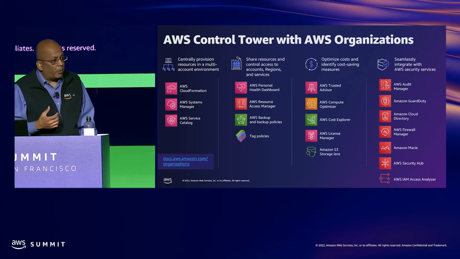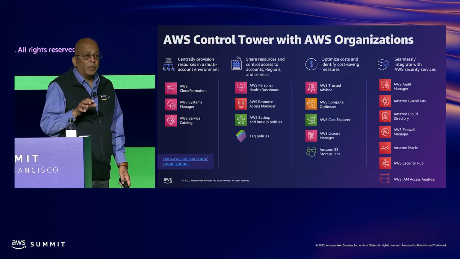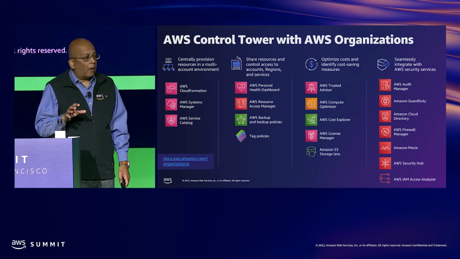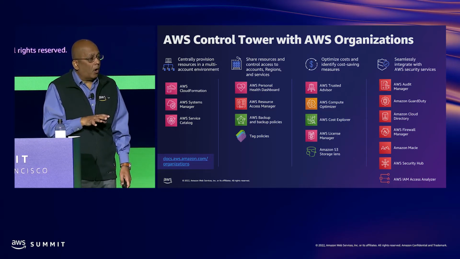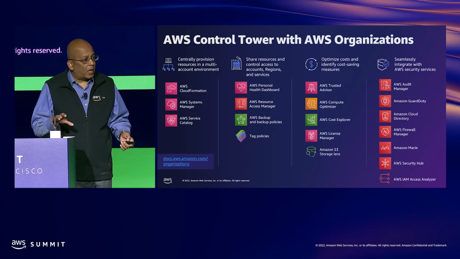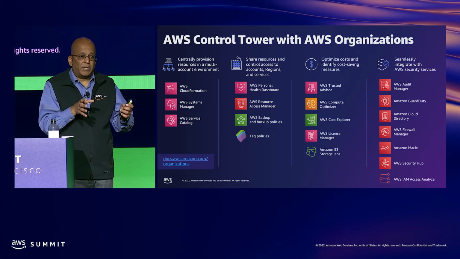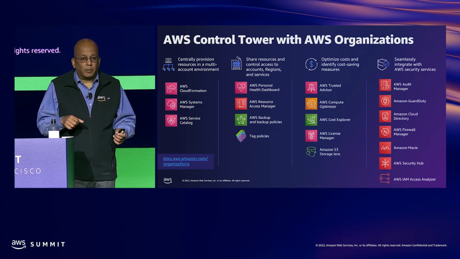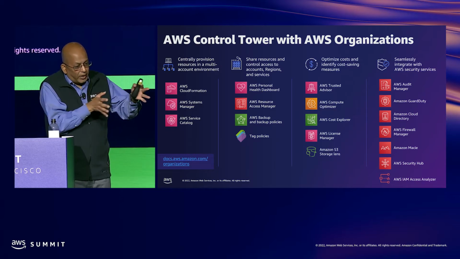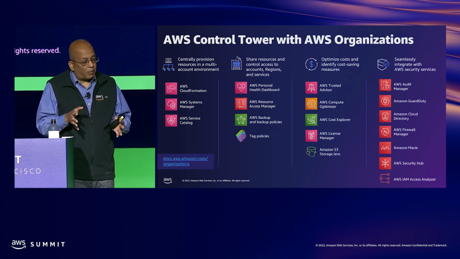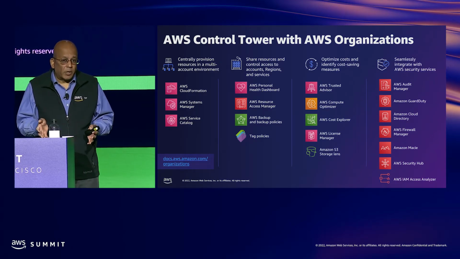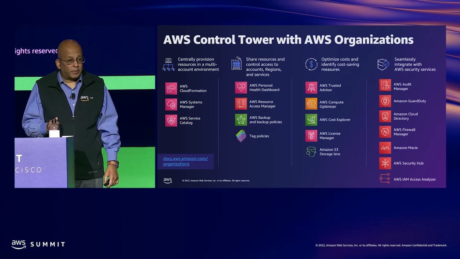So as you can see in summary, using AWS Control Tower along with Organizations brings a lot of benefits when you're creating your environment on AWS. We talked through all these capabilities around centrally being able to provision accounts and managing them, being able to, at an organizational level, in a way dictate how you share resources among them, how you create guidelines, guardrails, and how you optimize costs across your entire organization.